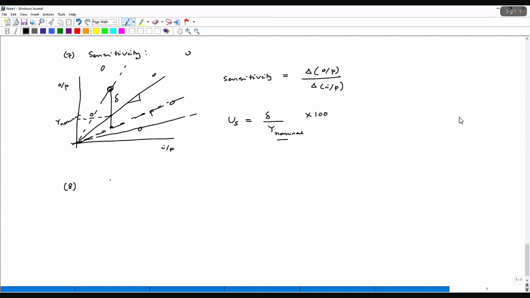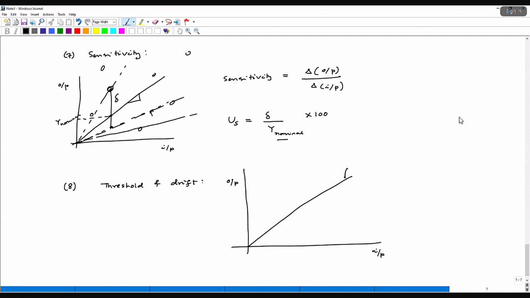So we talk about threshold and drift. Input, output. So this is the nominal curve typically you expect.